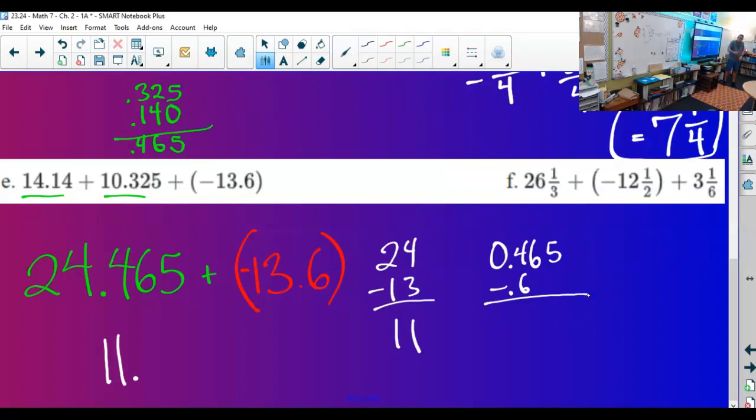So I'm going to need 1 out of the 24, or 1 out of here. Like, this is going to end up being negative if I try to do this, because it's really 600. Right? So I got to borrow. I got to make this 14. Right? So if we turn our 11 into a 10, now I can pull that 1 over here and actually do that subtraction.